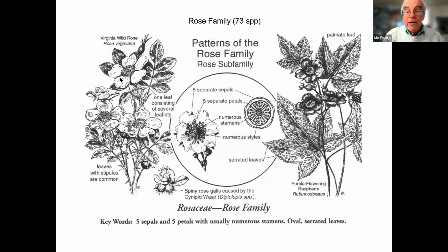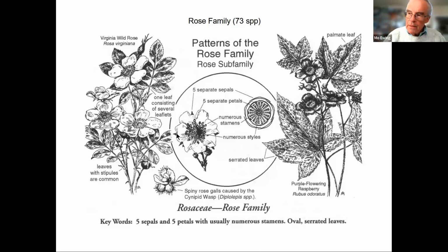But sometimes they have as few as 3, and sometimes as many as 10. The same thing is true of the sepals. Can you see them under there? Here, the sepals are in here, 1, 2, 3, 4, 5. They usually have 5, but sometimes 3 or 10.